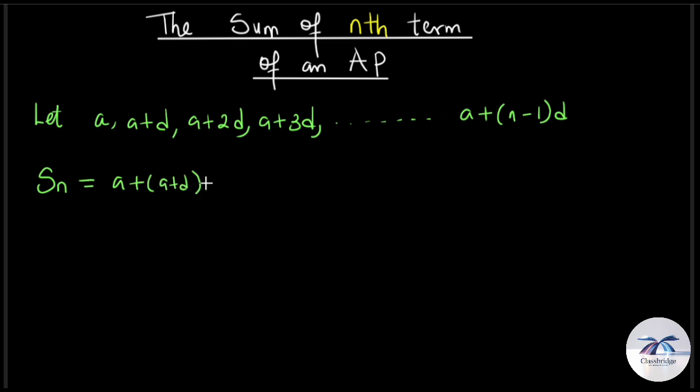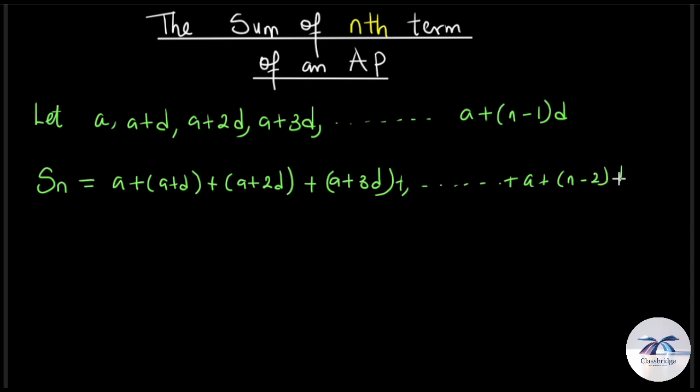That is the first one plus the second one plus the third one plus the fourth one plus the next one, and you get to the one before the last, which is going to be a plus (n minus 2)d, before you now get to the nth term, which is going to be a plus (n minus 1)d.